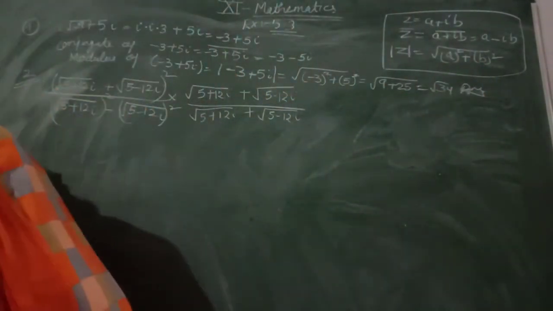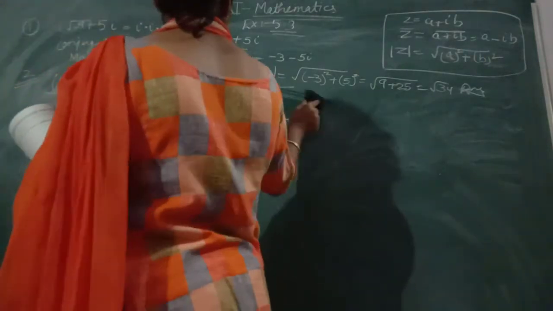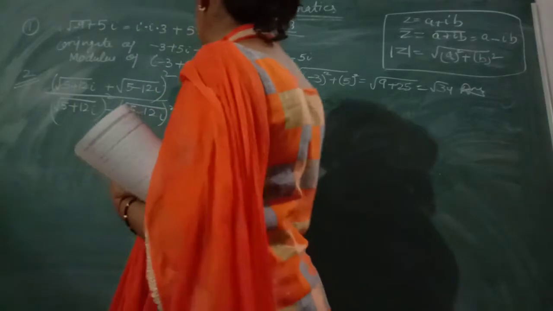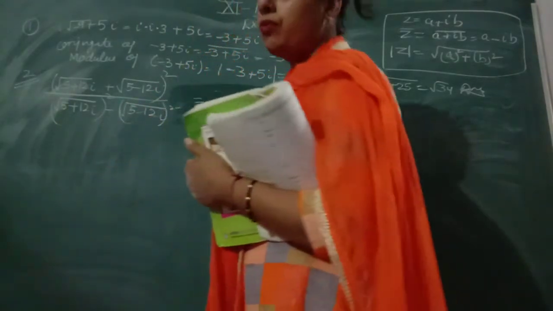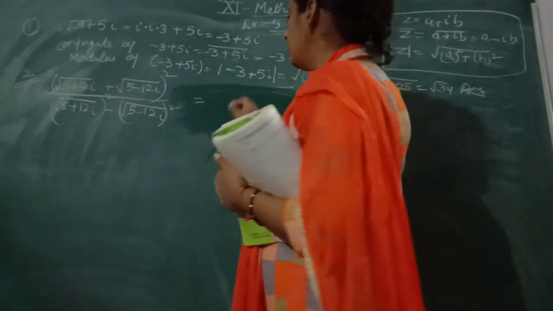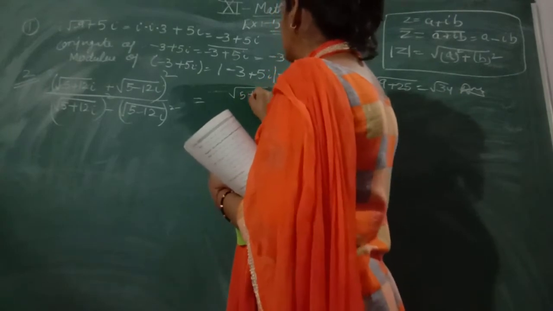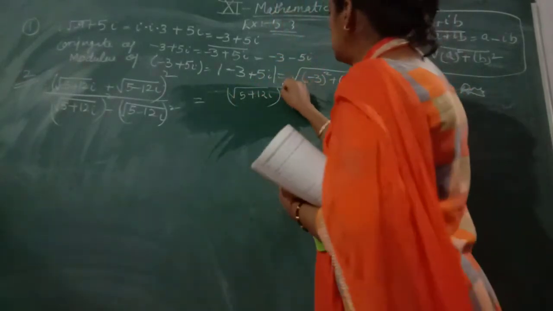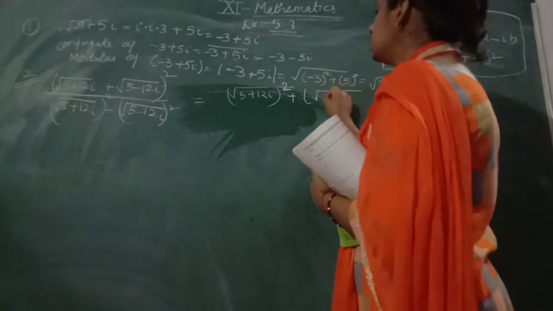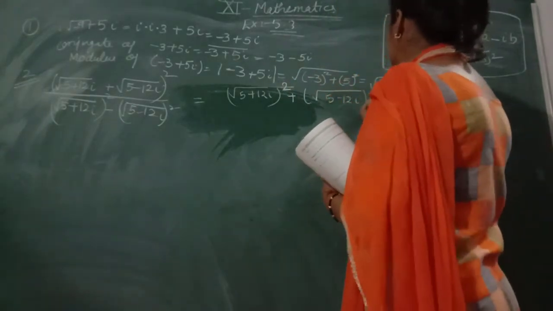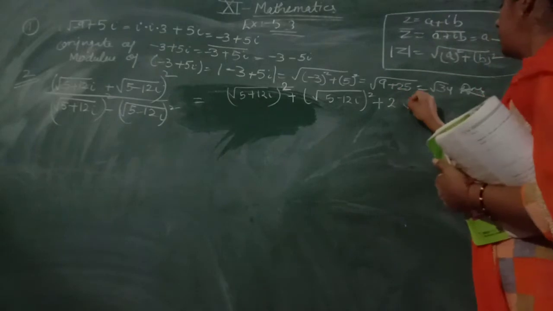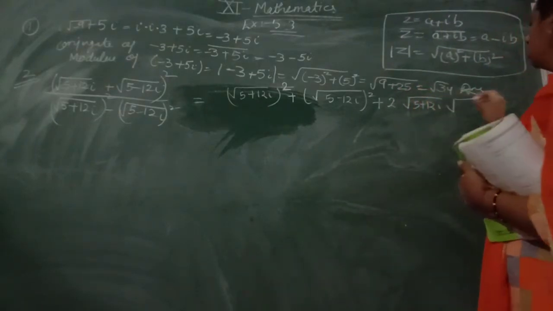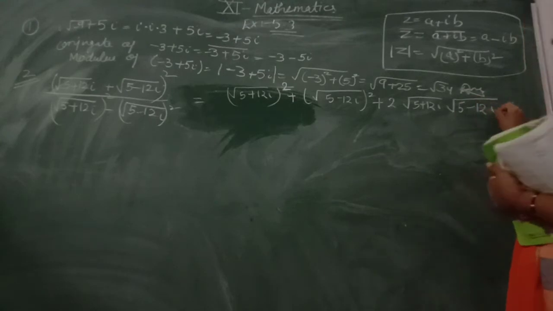There is the identity of a plus b into a minus b. After doing this, now you have to solve using the formula of a plus b whole square. Firstly a square plus b square plus 2ab, that is 5 plus 12 iota into 5 minus 12 iota.